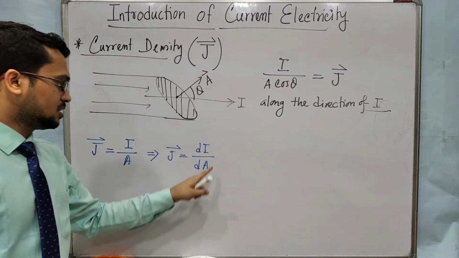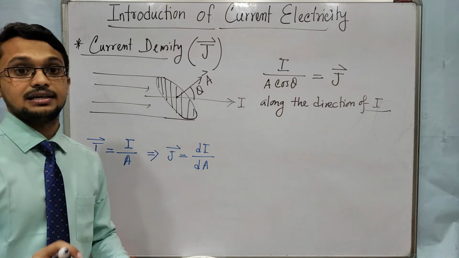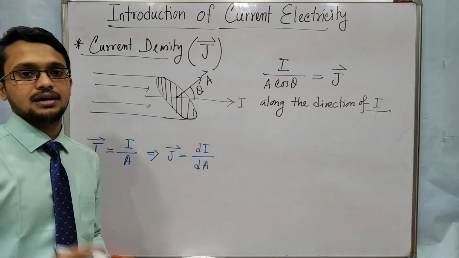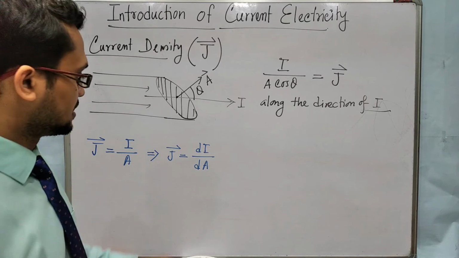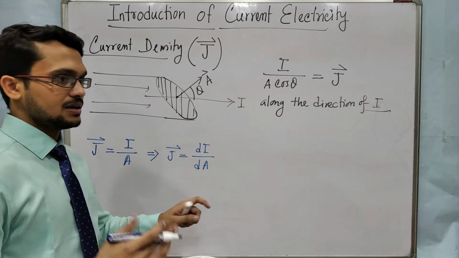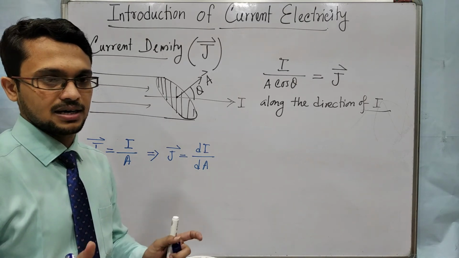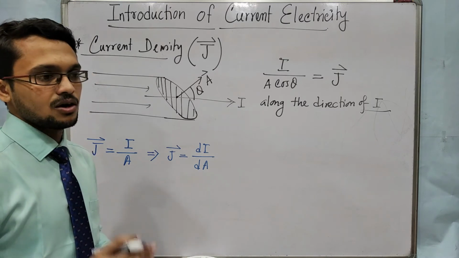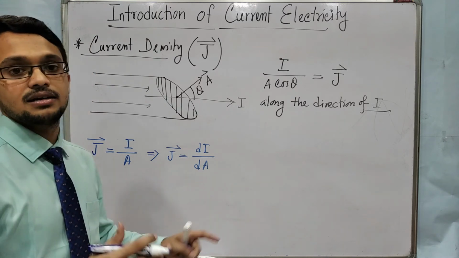If current through each cross section is not the same, there may be two cases: current is different for each cross section or the area is different.